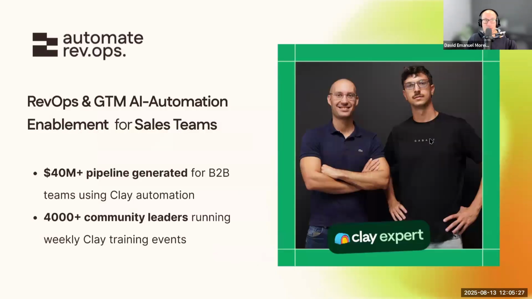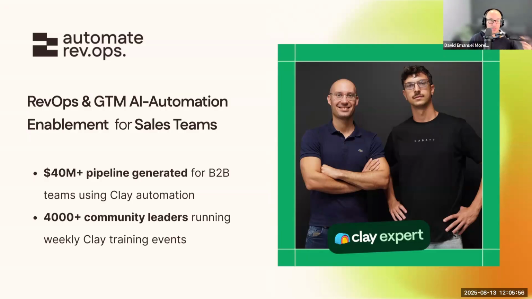So, for the ones that don't know who we are, with Marcos, we are the founders of Automate RevOps. We are a company that is specialized in helping sales professionals implement Clay for their own team, and even upskill and achieve better results inside their own company or get a promotion or a new job.